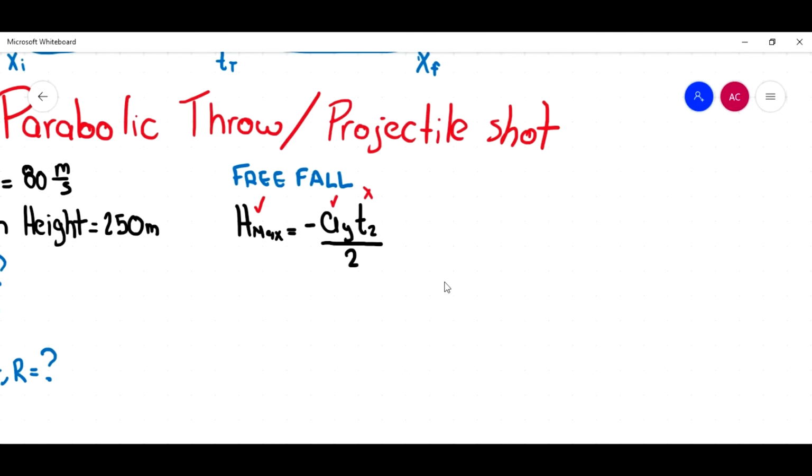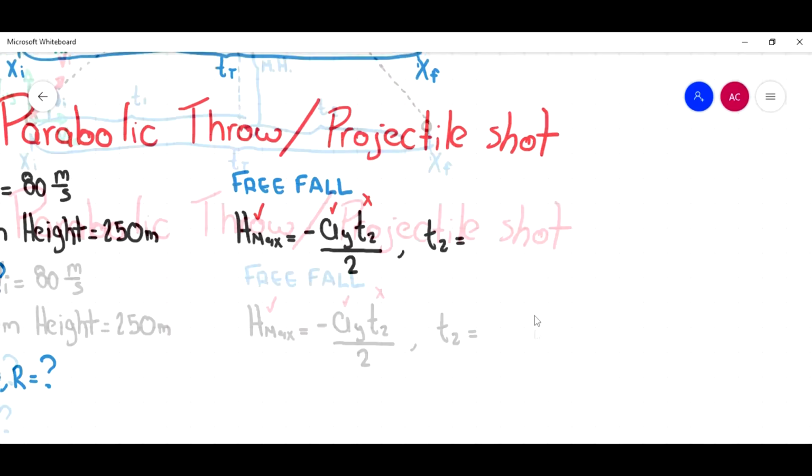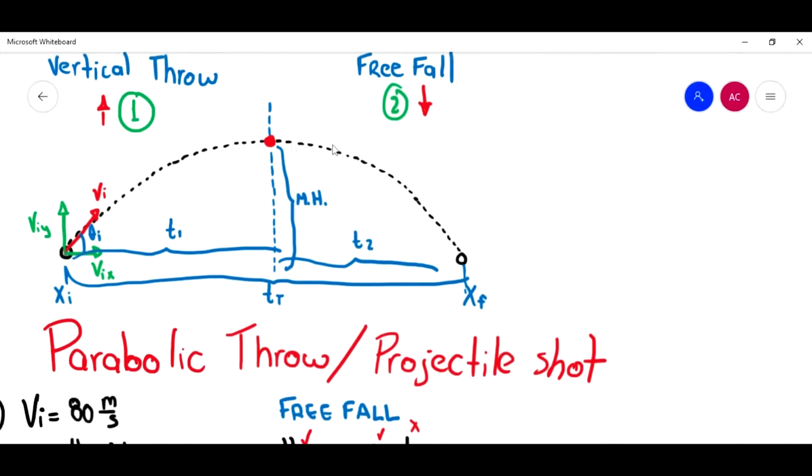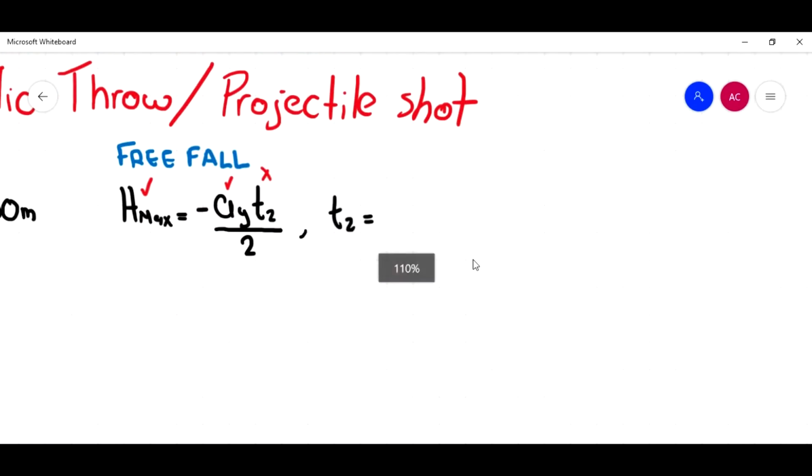So I can write the other equation, the equation for time from free fall. So time 2, that means the time that it takes the object to go from the maximum height to the original height, okay. So it's going to be minus 2 times the maximum height.